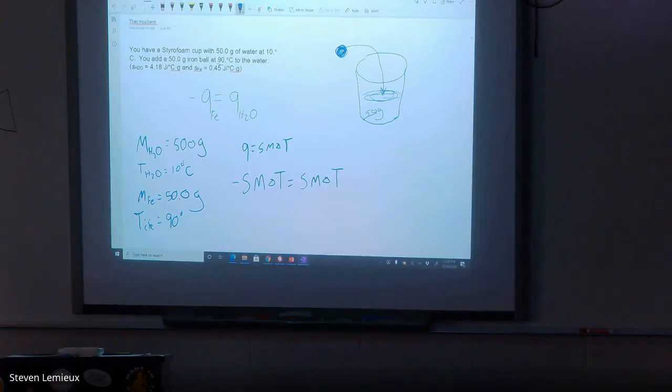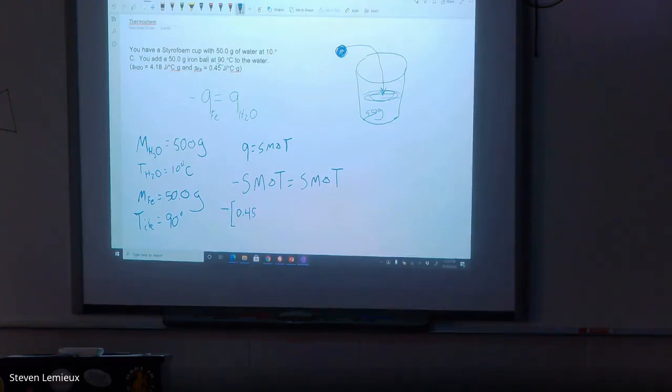So here's what I know. Negative, this whole side really, S for the iron, because this is the negative side. Iron is 0.45. Now, these are probably the only problems where I leave out the units. The units kind of get confusing because you're adding and then dividing.